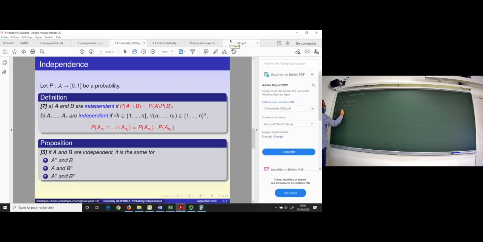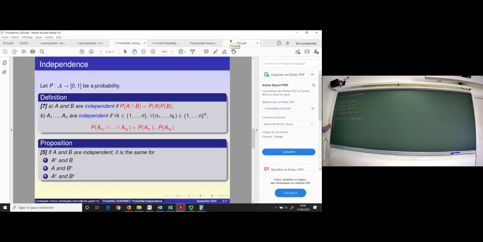The same for A1 intersected with A3, and for the last, A2 intersected with A3. But this is not enough. I add in the definition the fact that if I take the intersection of all of them, the probability of the intersection of all of them has to be equal to the product of the associated probabilities.